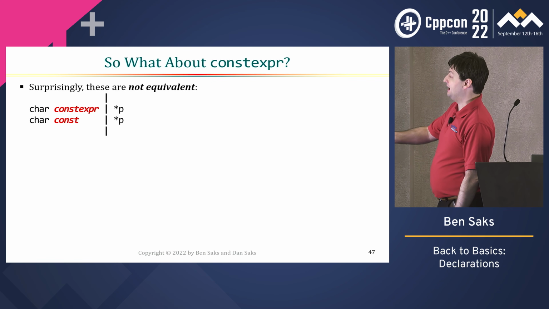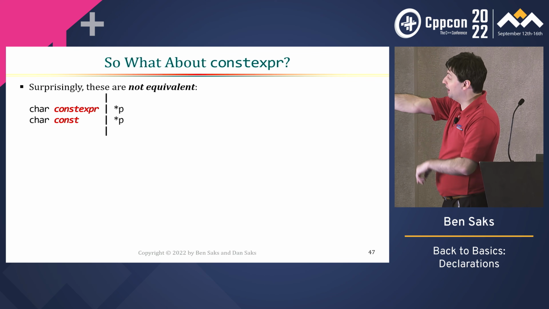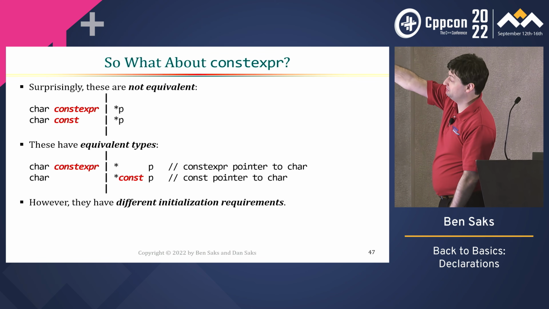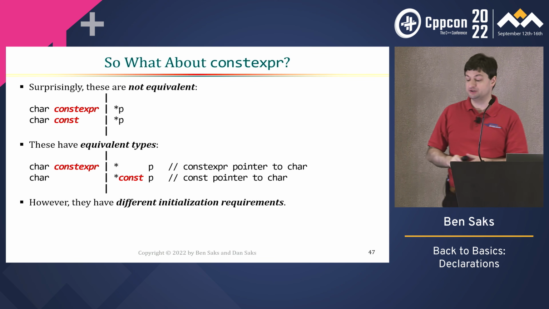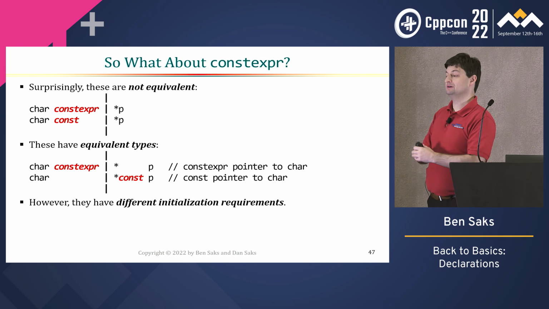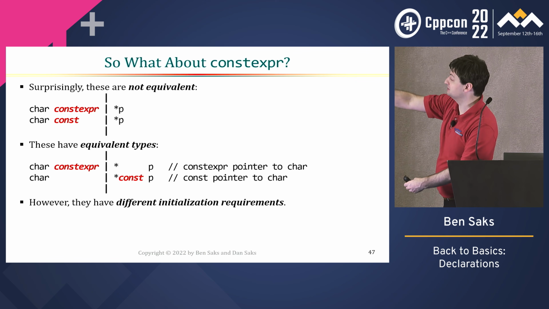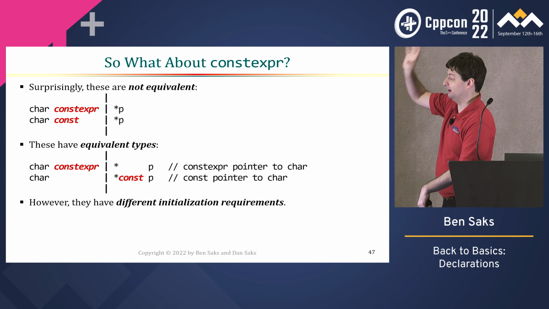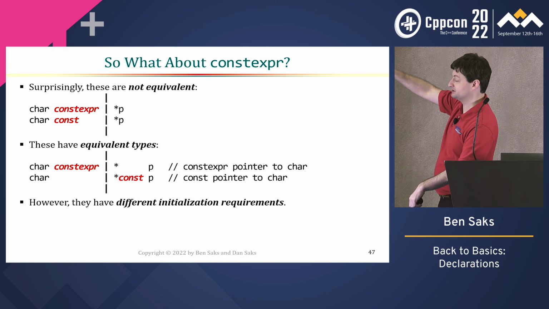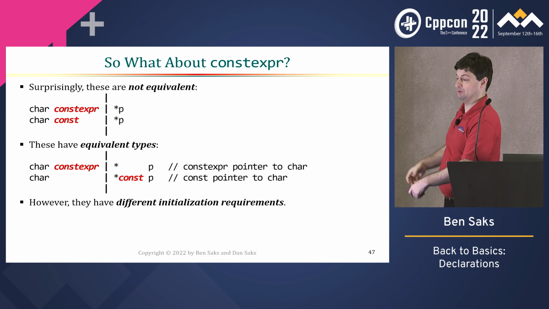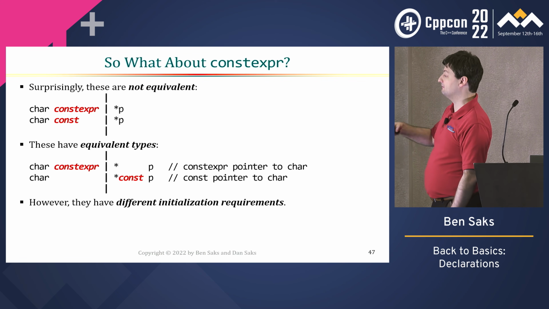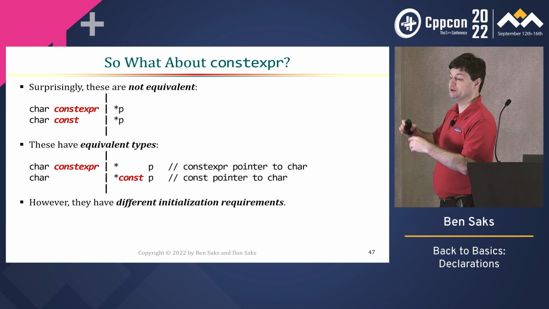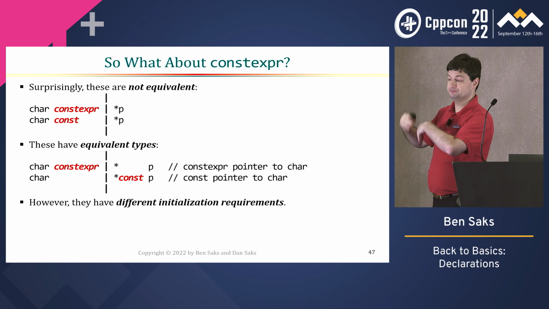So I could declare, because those top two are not equivalent, I could declare something to be constexpr char const star p, if I wanted to. The const wouldn't be redundant there, because I'd be saying that the pointer is constexpr.